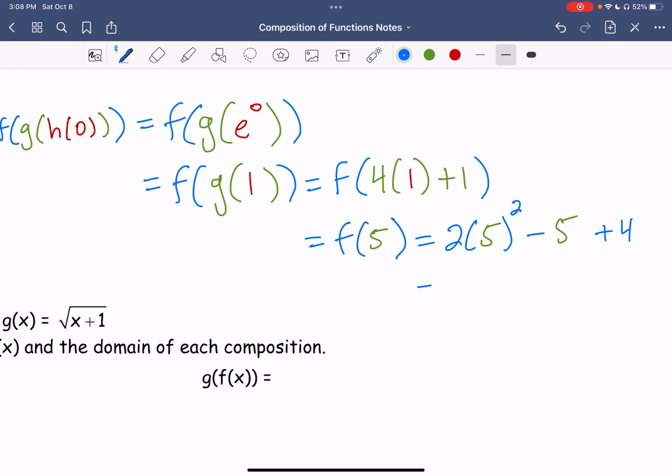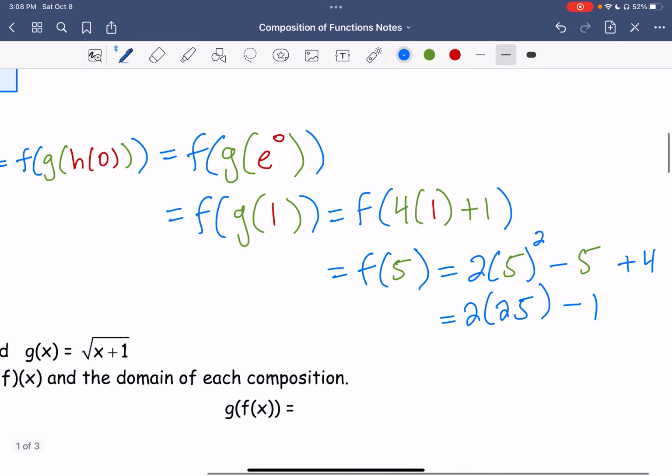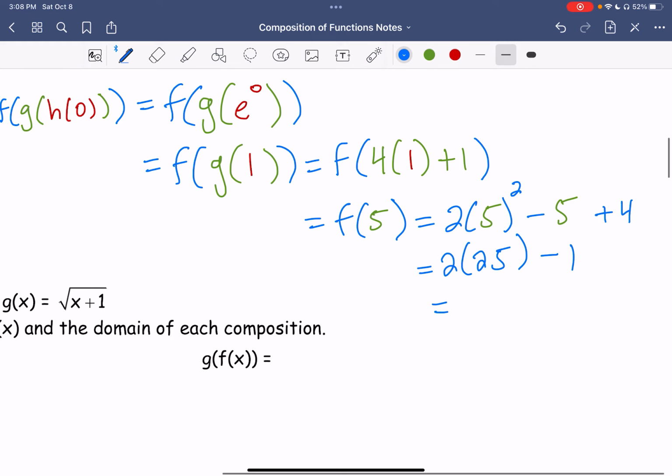Okay. So PEMDAS says exponents first. So we have 2 times 25, and then minus 5 plus 4, which is negative 1, which equals 2 times 25 is 50, and 50 minus 1, which is 49. So our final answer is 49.